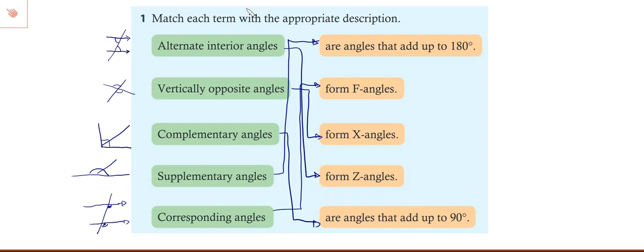And we're using that information to help us write down other angles that we know. There's not an awful lot of calculating that needs to happen in this bit of the topic. Just what adds up to 180 and what adds up to 90. That's it, really.